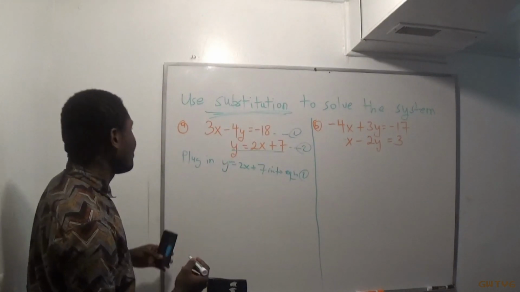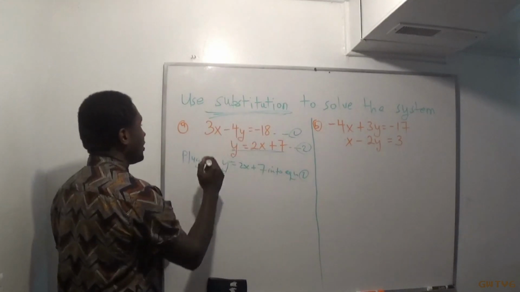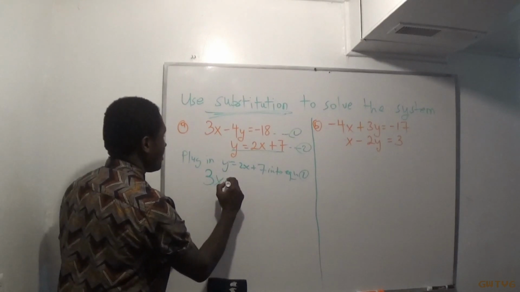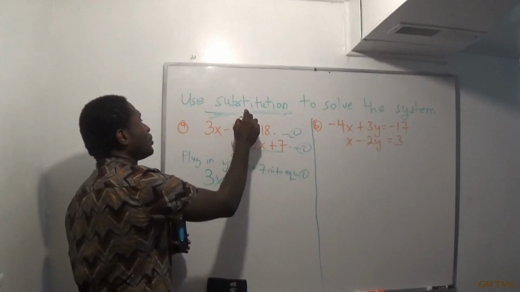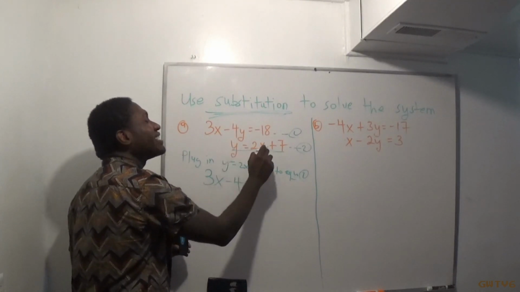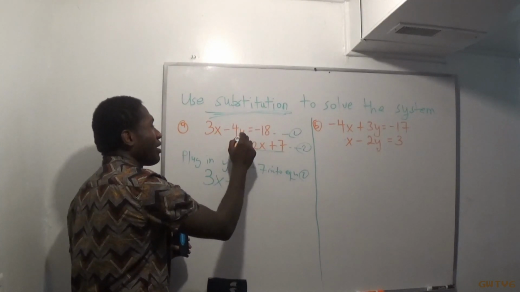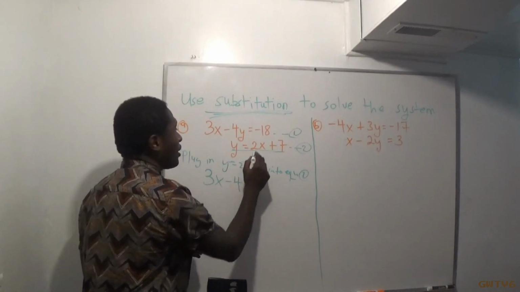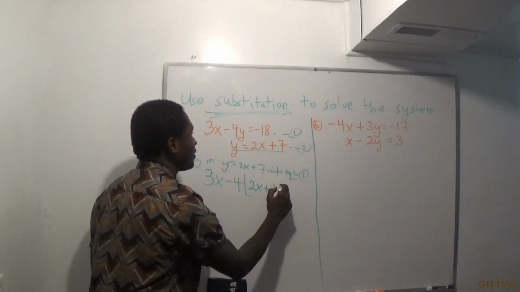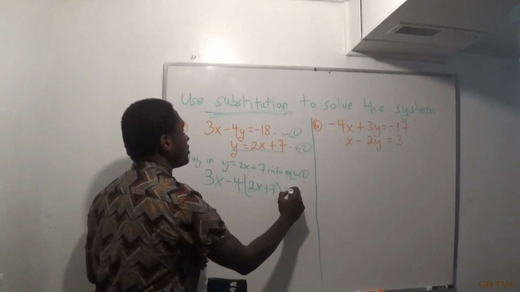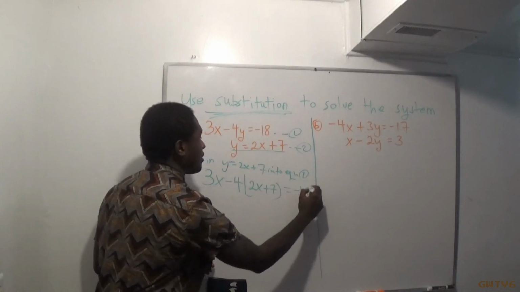And this is what I mean by that. So equation number 1 is 3x minus 4 instead of y, because with this substitution method, what my y is, I'm going to plug it in right here. So my y is 2x plus 7. So I put 2x plus 7 and then equals negative 18.